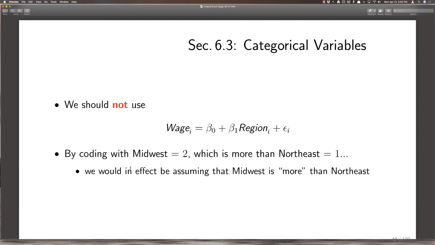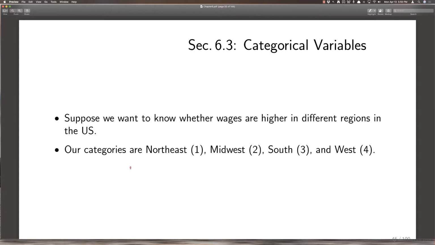And that doesn't make a whole lot of sense, all right? And we would also further be implying that the difference between Midwest and Northeast is the same as the difference between Midwest and South. And there's no reason to expect that the effect of those being in those different categories is going to be constant, all right, as we move from the different regions.